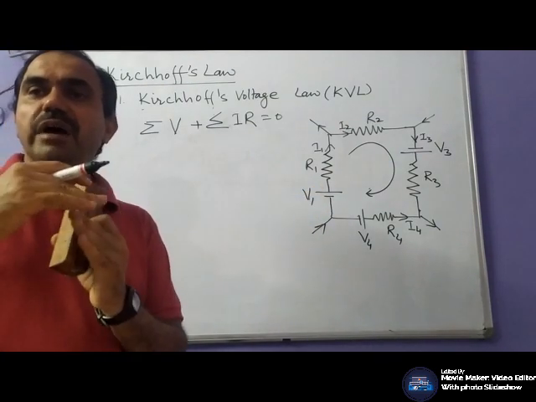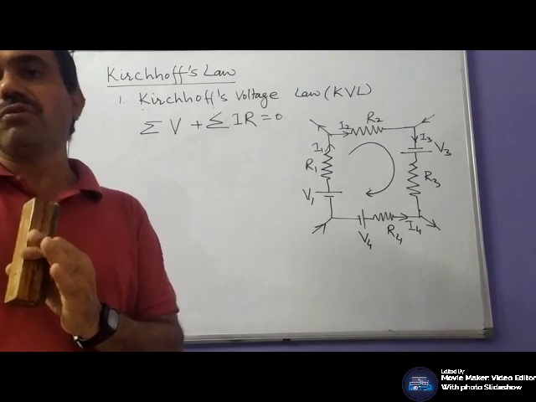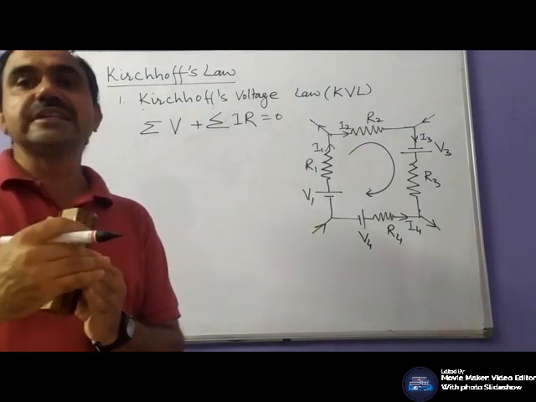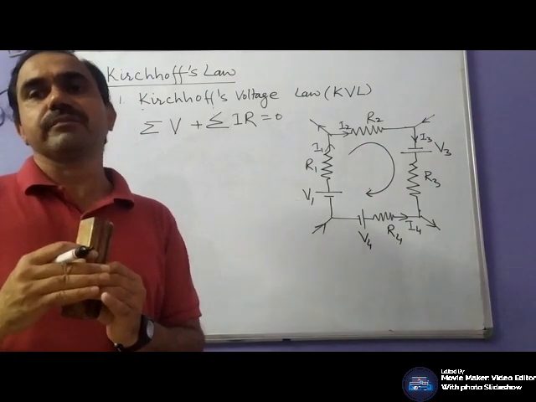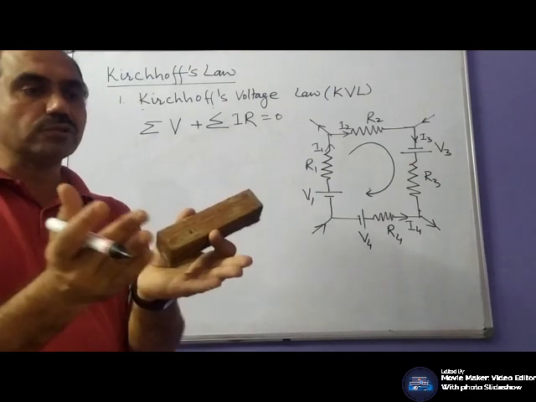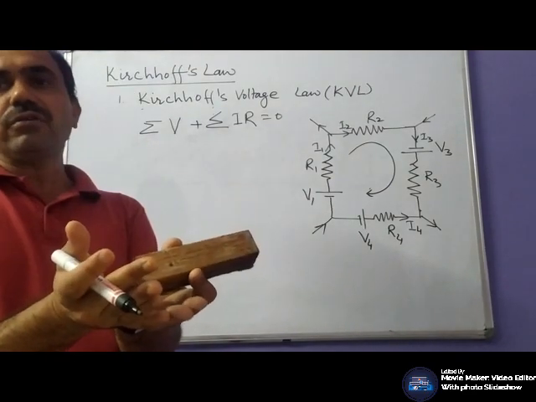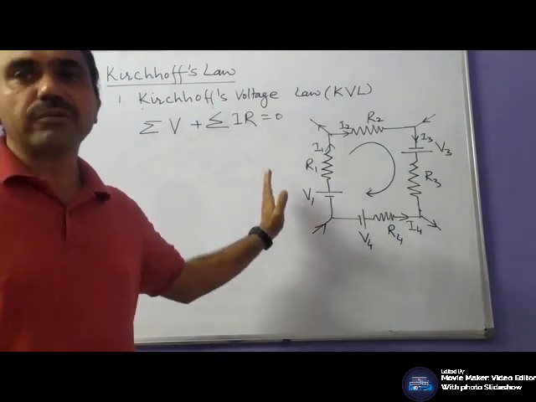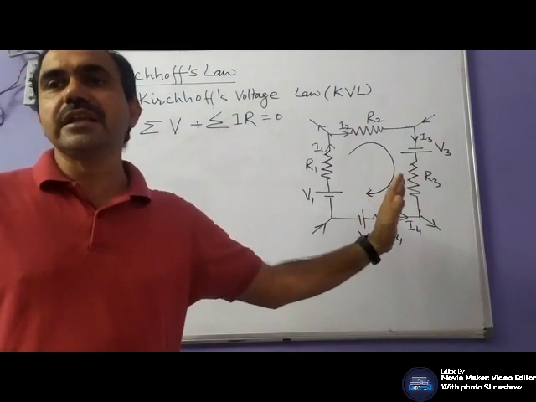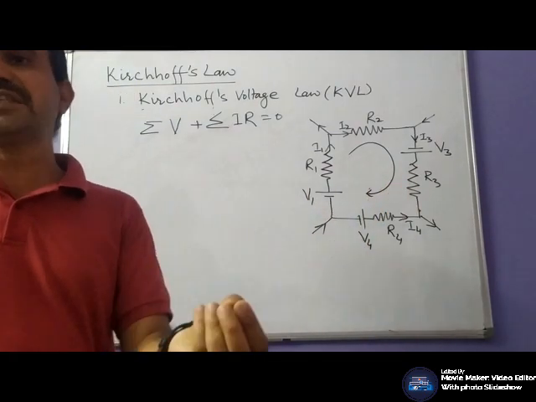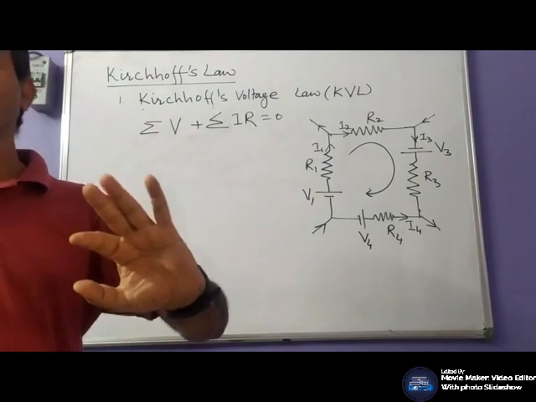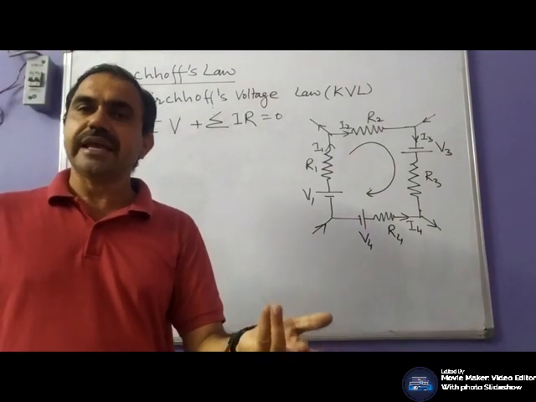If we are moving from higher potential to lower potential, we will consider it negative. हो सकता है आपने कुछ बुक्स में लिखा हो, when we move from higher potential to lower potential, we consider it positive, and when we move from lower to higher, negative.